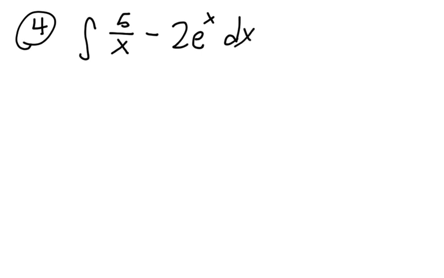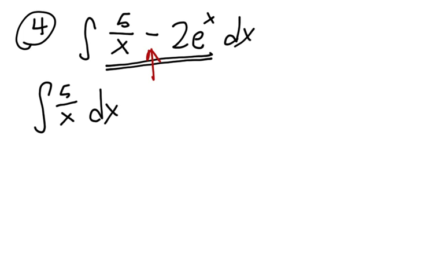Next one, the integral of 5 over x minus 2e to the x dx. Now, let me show you something that you can do with integrals. This whole thing is the integrand, but whenever you have pluses or minuses, it is permissible anytime you want to split those up into separate integrals with the plus or minus between them.